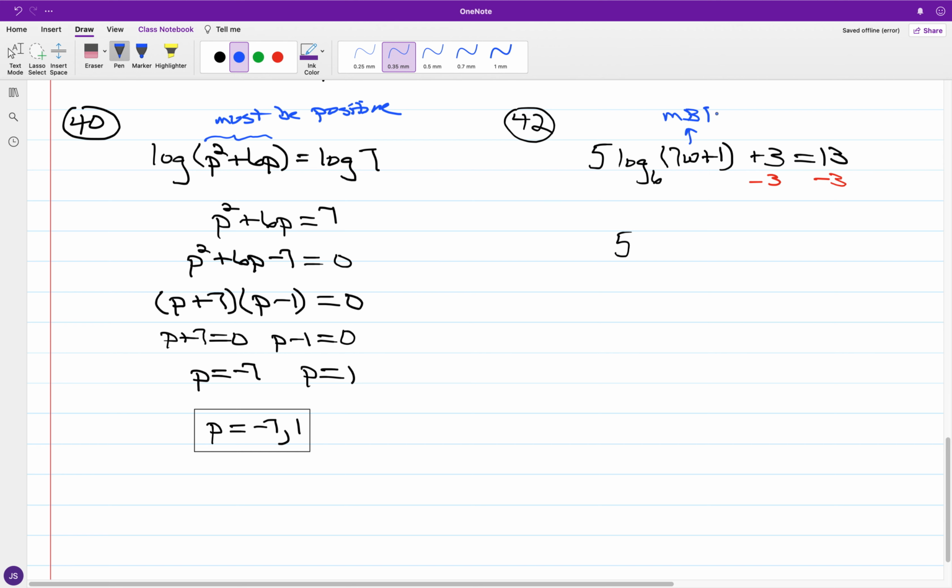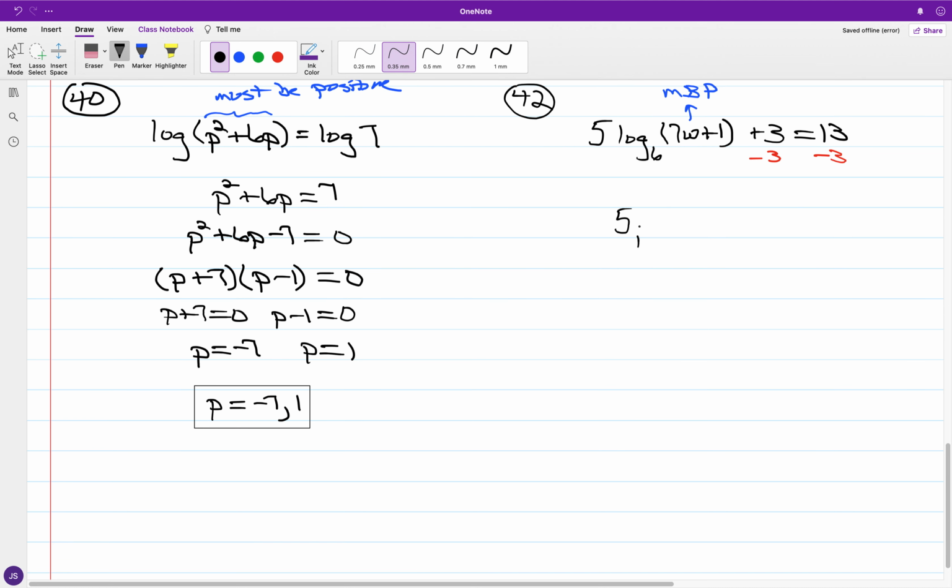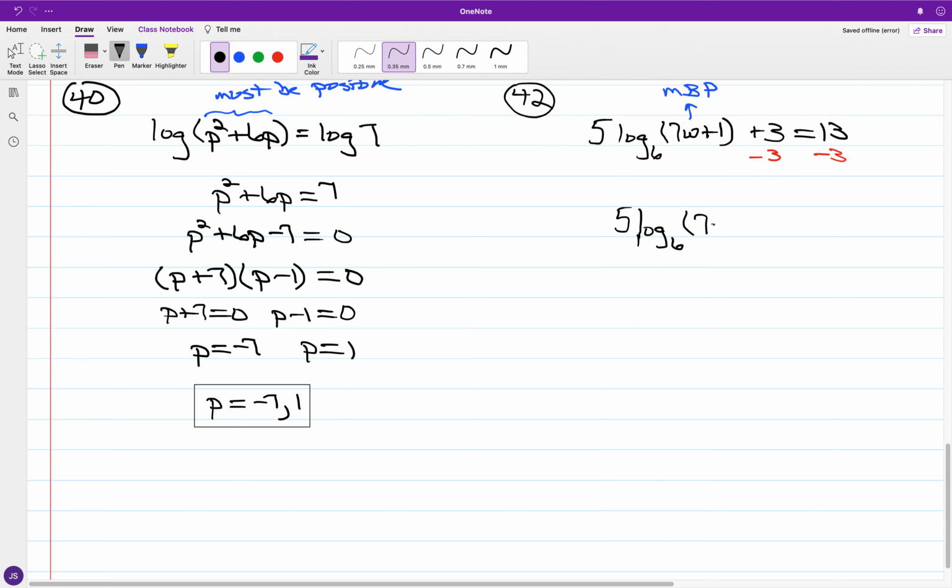Let me just make sure I don't get too far ahead. 7w plus 1, the argument, must be positive. So we have 5 times the base 6 logarithm of 7w plus 1 is equal to 10.